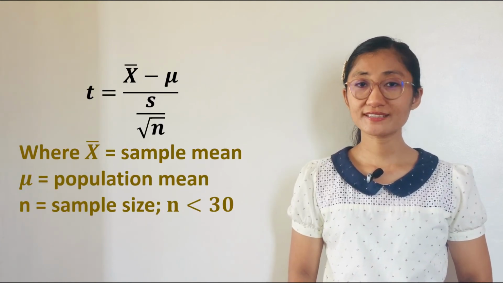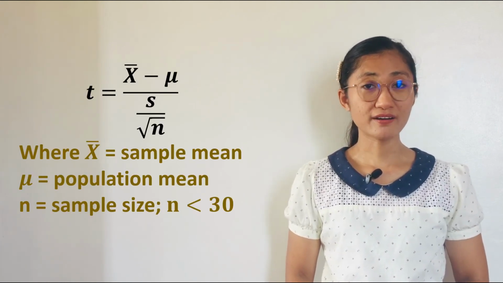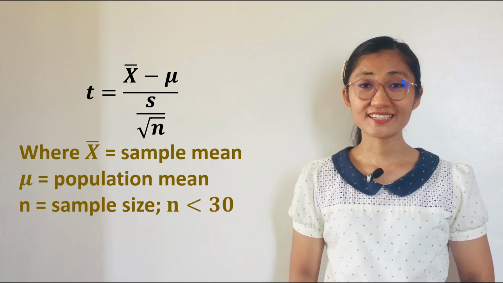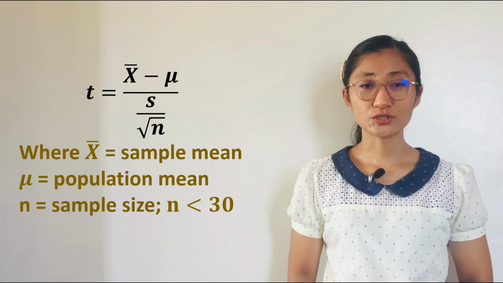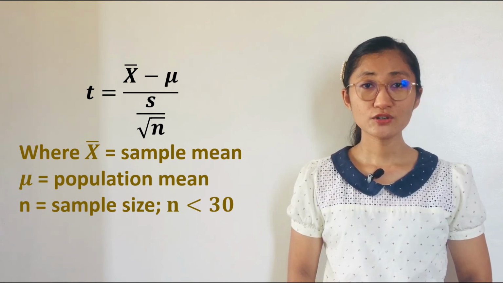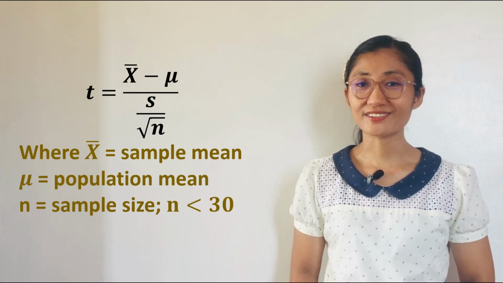To estimate the population parameters, we use the t distribution or the formula t equals x bar minus mu over s over the square root of n. We use the t distribution for small sample size, for instance when n is less than 30. Take note that as small n gets very large, small s gets closer to sigma, or to the population standard deviation.